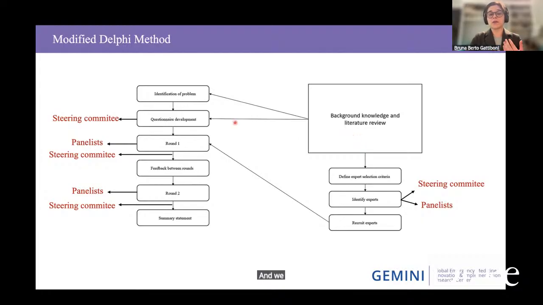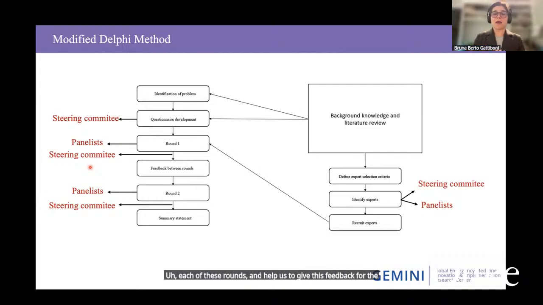So we use the knowledge from our steering committee together with the Vashi article to build this first list and give it to our finalists to answer. And among the rounds, our steering committee will discuss each round and help us give feedback to the finalists.